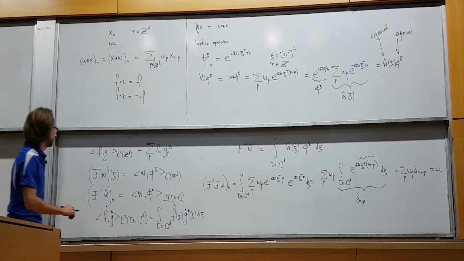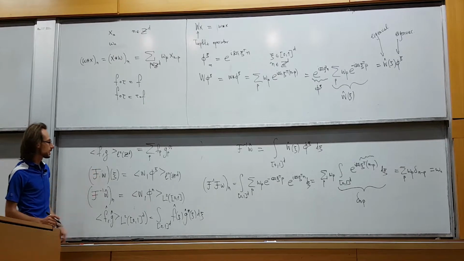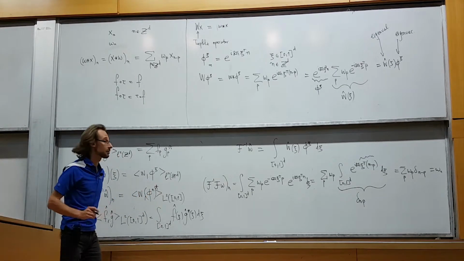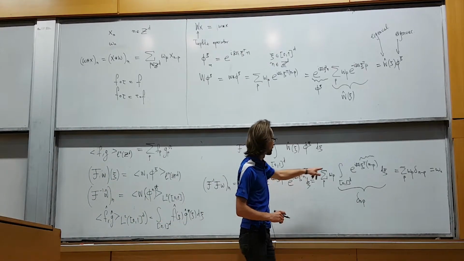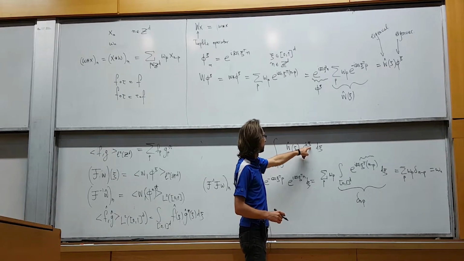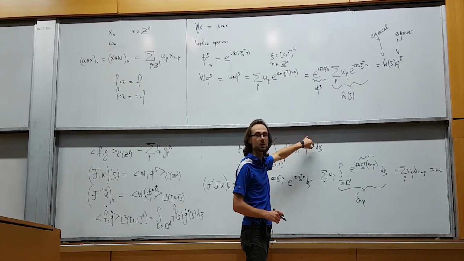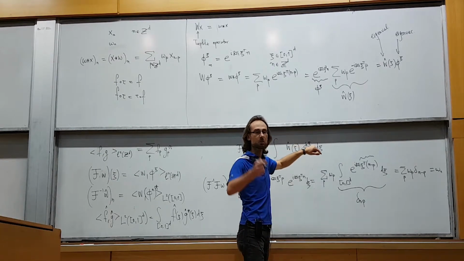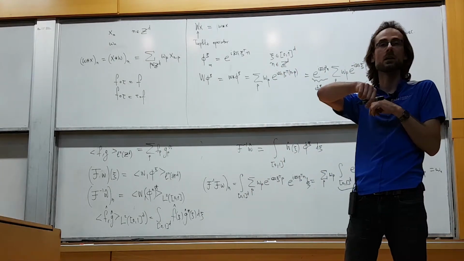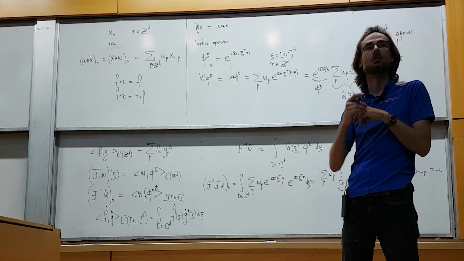Okay? Now, of course, here I need to put the complex conjugate, right? Because in the integral I have the exponential with a plus sign, right? So if I want to plug it in the inner product, I need to plug it in with the complex conjugate in order to get the plus sign.